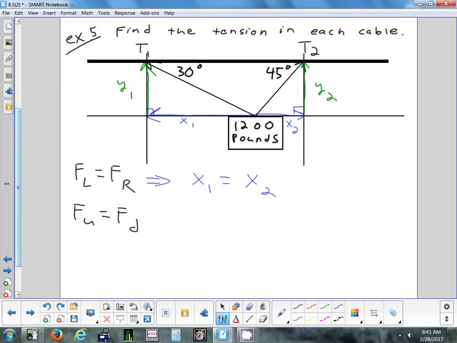We still have to figure out what x1 and x2 are based on the angles here, but that's basically what we did in the last problem, using sines and cosines to break this apart. And what's the force up? y1 and y2. Both are pulling up. And what's the force down? 1,200. So far, that's the only number we have. The force down is 1,200 pounds.